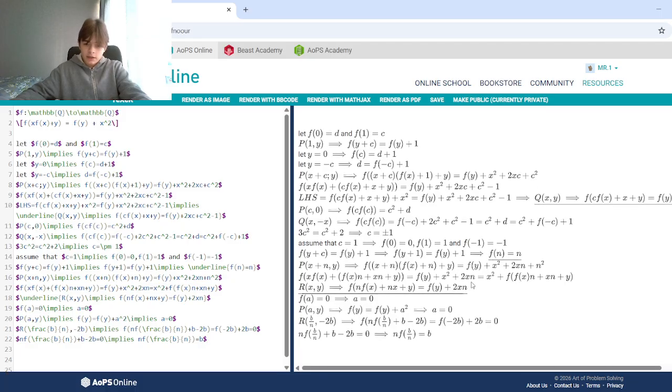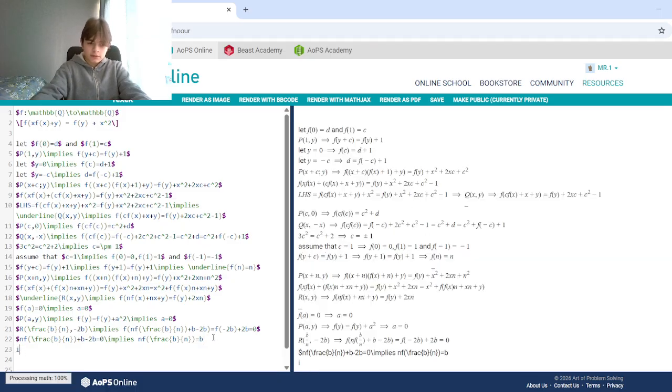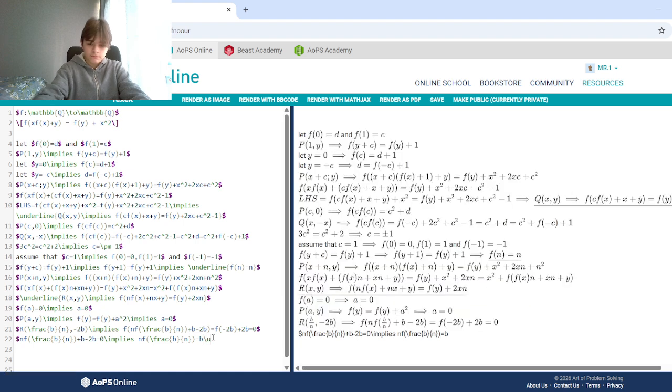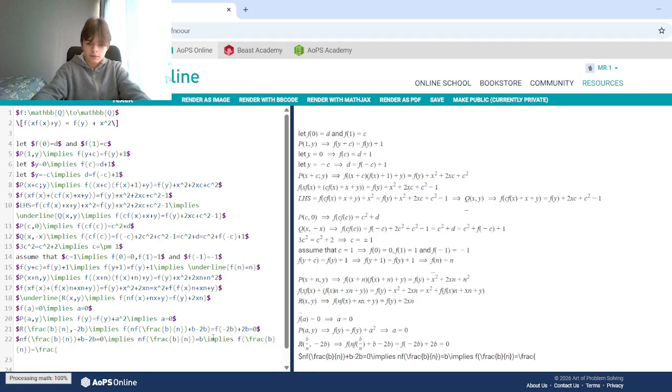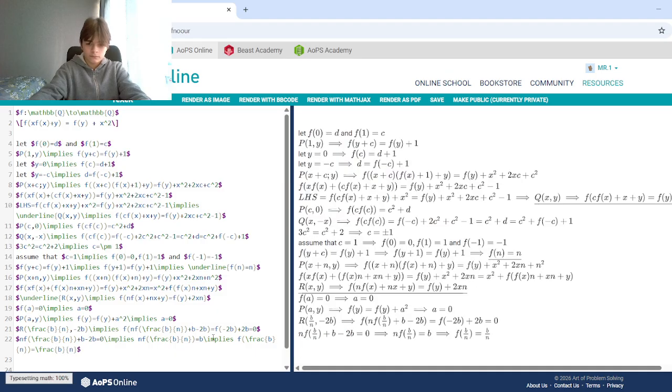And this means that f of any fraction is equal to itself.